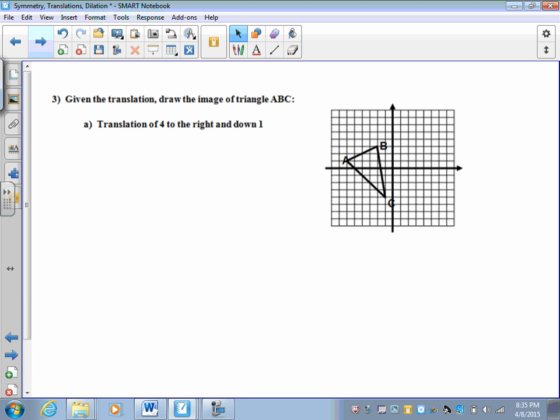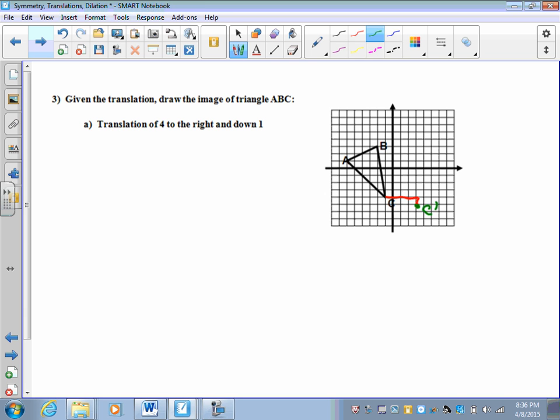Given the translation, draw the image of triangle ABC. So I'm going to take each point and translate it to the right 4 and down 1. So C, I'm going to go to the right 4 and down 1. So my new point is right 4, down 1. We're going to call this C prime.